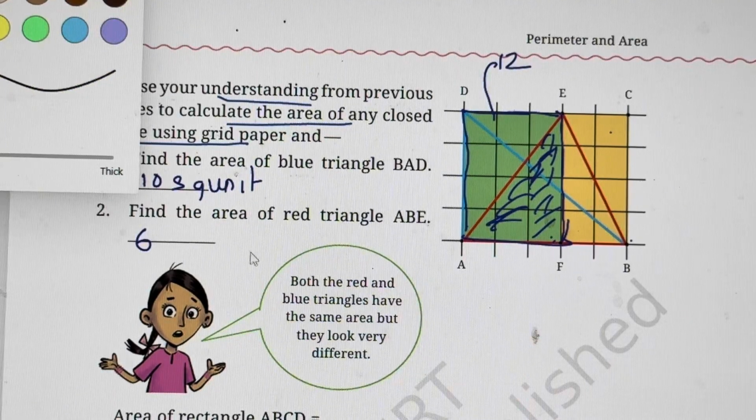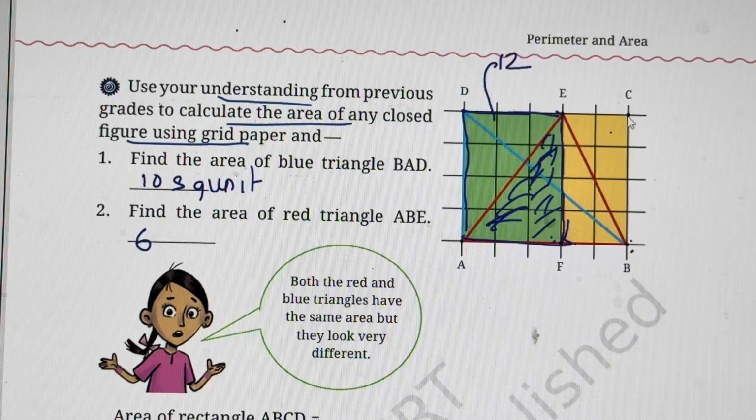Now, we see the other side, this yellow rectangle. And if you see this red line, it is half of this rectangle. So if you find out the area of this yellow one, that is FBCE, 1, 2, and this way 4.